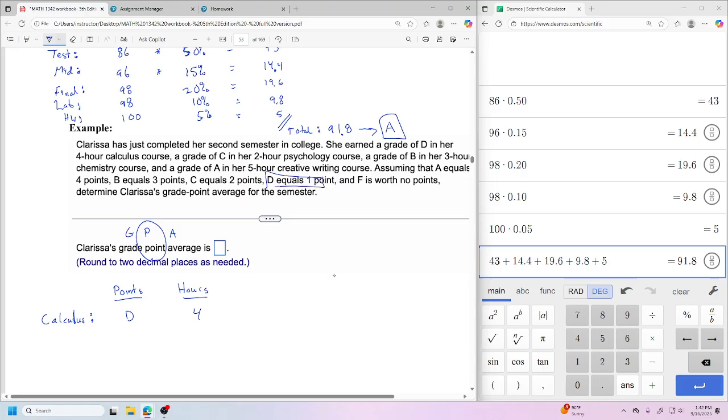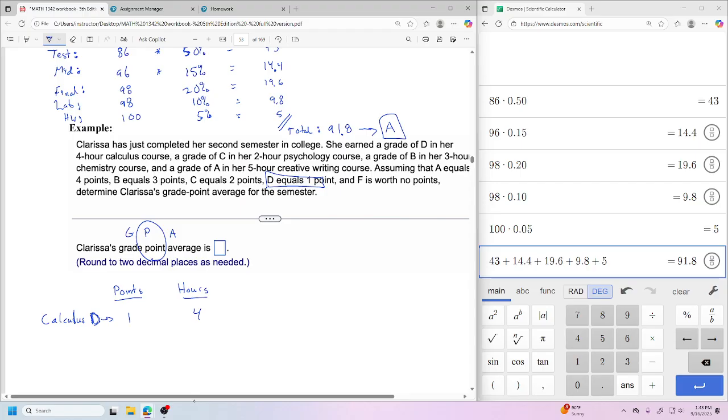You see how that D is actually supposed to be a 1? I want to put D, because that's what they got. But I need a number for it, right? So they said D is a 1. And if you want to make a little note saying that was a D, that makes sense. It's up to you how you want to style it, of course.